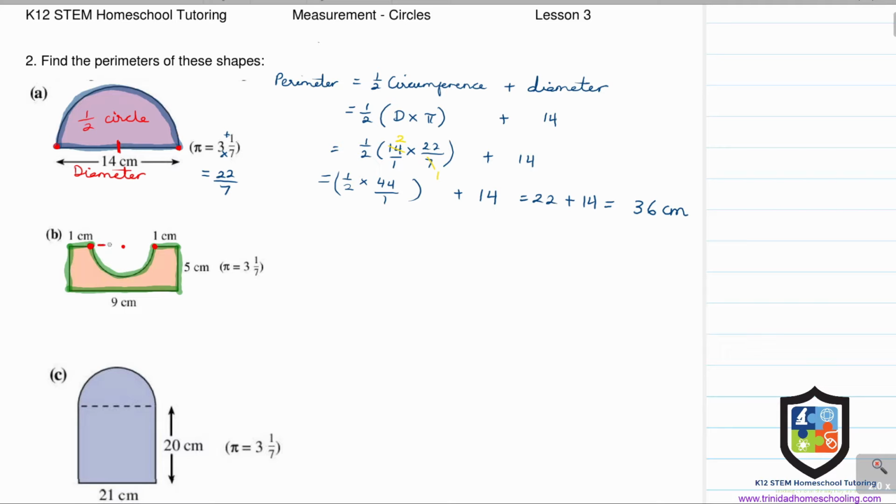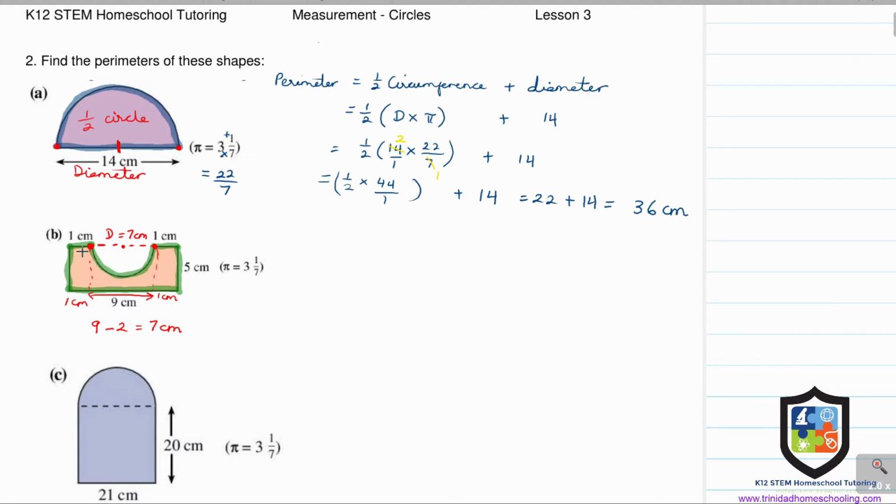Okay, now let's find this diameter here. Now, if this little piece is 1 centimeter, and this little piece on the other side is also 1 centimeter, if I were to draw dotted lines going down, this here is 1 centimeter, what is this piece between here and there? That would be 9 centimeters minus 1, 2, 7 centimeters.